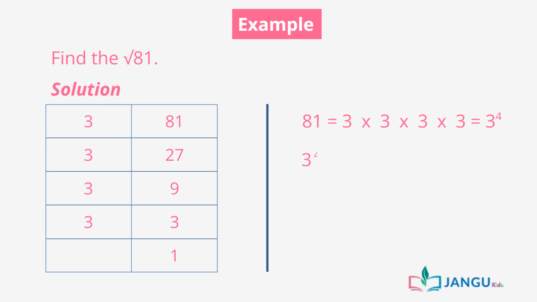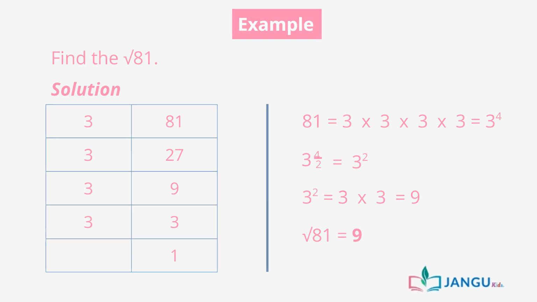The power is 4, right? 4 divided by 2 is 2. So, we are left with 3 raised to power 2. 3 squared, or 3 raised to power 2, is equal to 3 times 3, which is equal to 9. Therefore, the square root of 81 is 9.